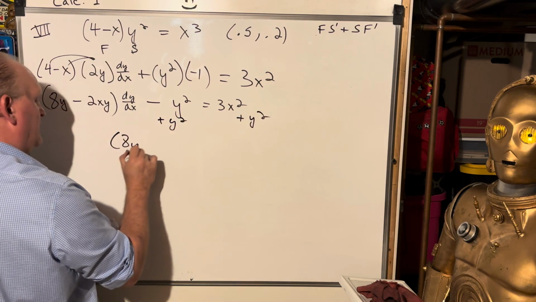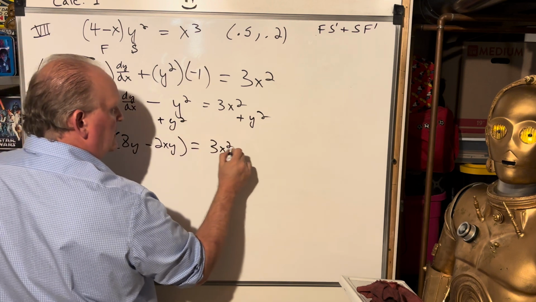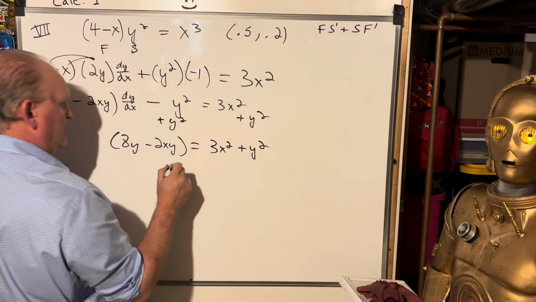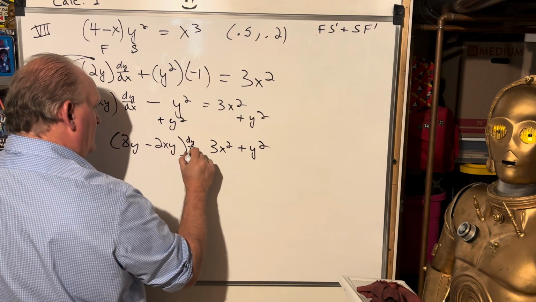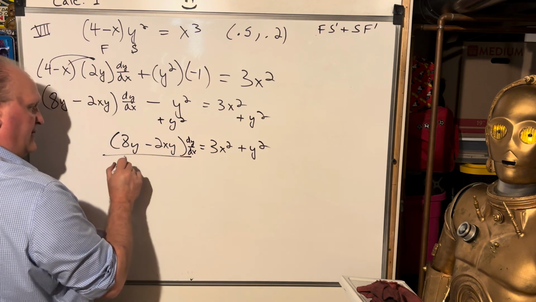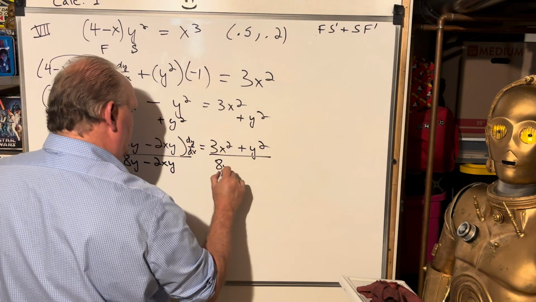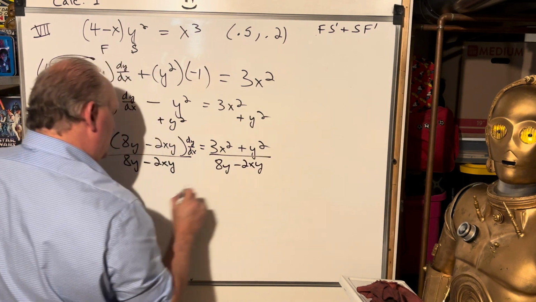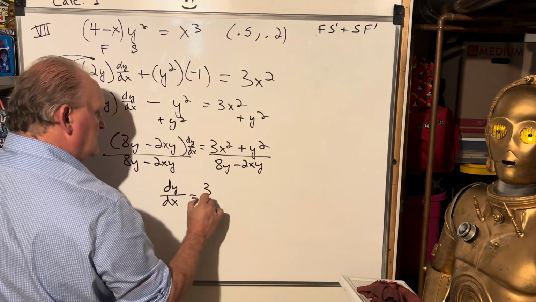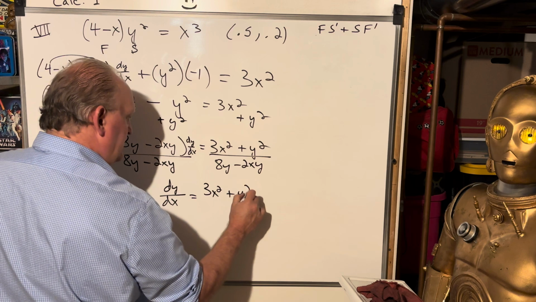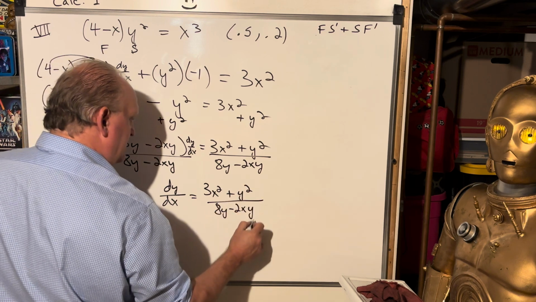So 8y minus 2xy equals 3x squared plus y squared. Oh, wait, I left off the dy dx. Careful when you're hurrying. Divide by 8y minus 2xy. So dy dx is equal to 3x squared plus y squared over 8y minus 2xy.